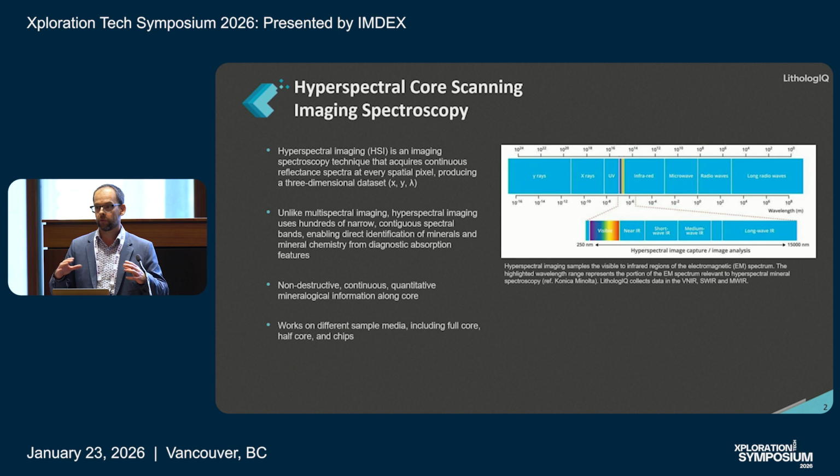As a result, you get a full image of the sample, the core for example, where at every square millimeter you have the full spectrum. So you can do spectral analysis on those pixels and recover mineralogy. There can be multiple minerals at the same pixel, so with unmixing, you can extract many mineral maps from those pixels.